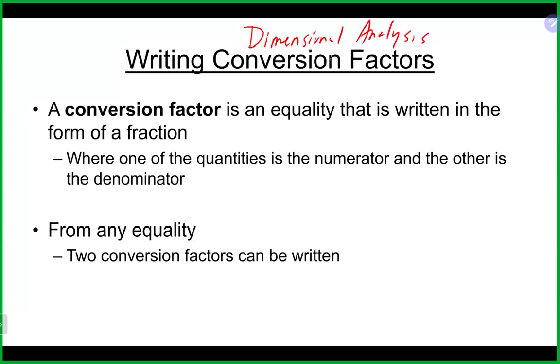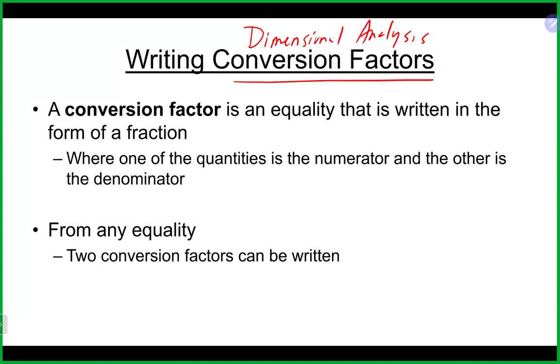Conversion factors are a really important part of how we show work. The idea of dimensional analysis is this: you have different units, and we set up the calculation so that we can see the units, and we cancel out the units that we don't want, and we keep the units that we do want.